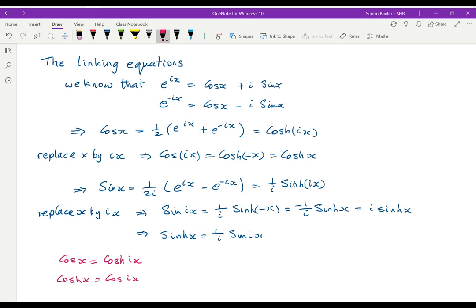And we also have that sin x is 1 over i sinh ix, and that sinh x is 1 over i sin ix. So there is a connection between cos and cosh and sin and sinh.